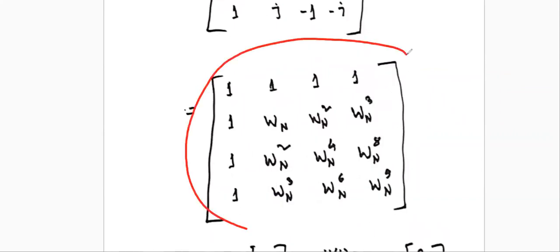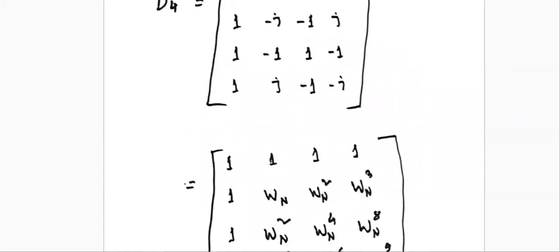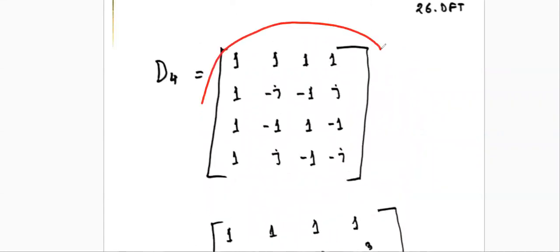And as you can understand, for a particular value of capital N, let's say N equals 4, this matrix looks like this. So this is a constant value.